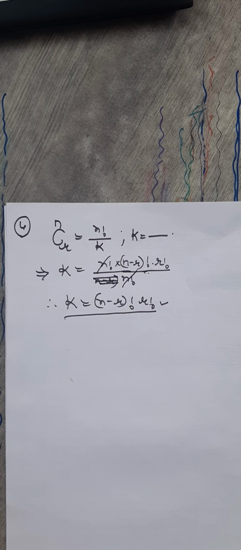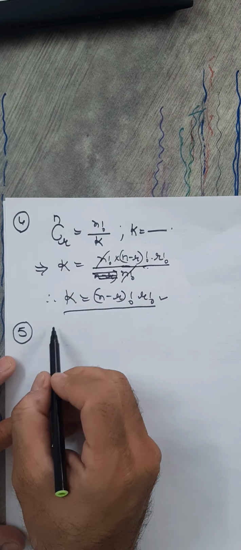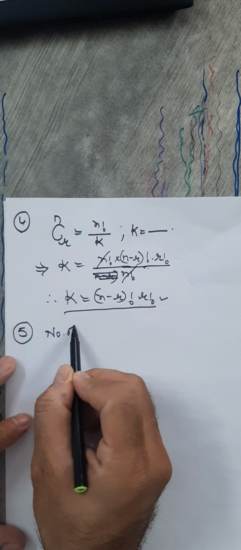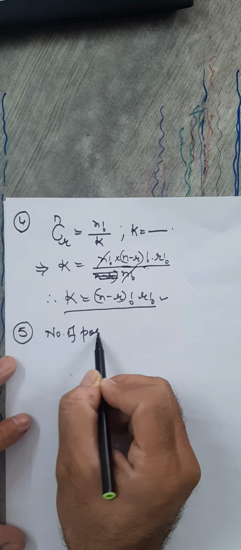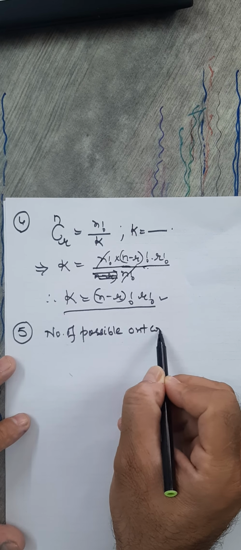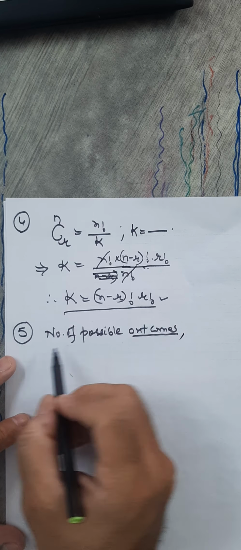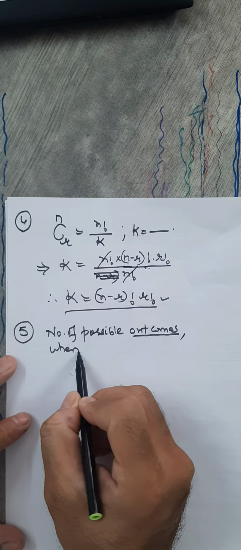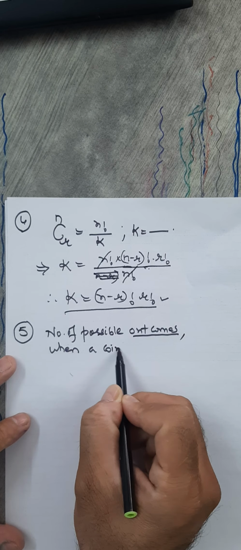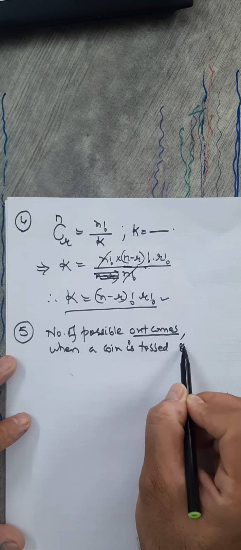The next question, the fifth one, let's see this. The question is the number of possible outcomes when a coin is tossed 8 times.